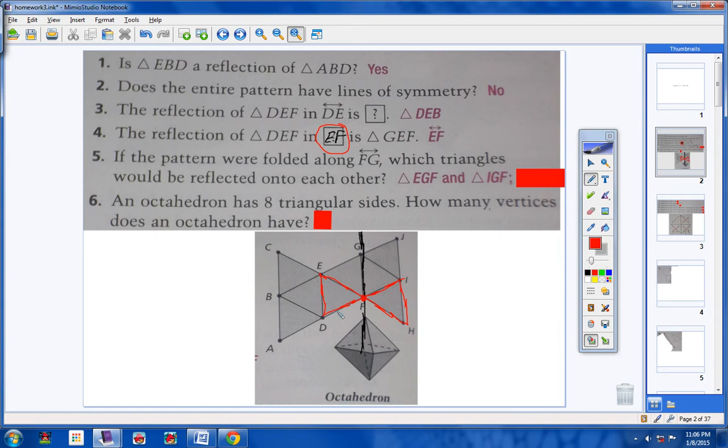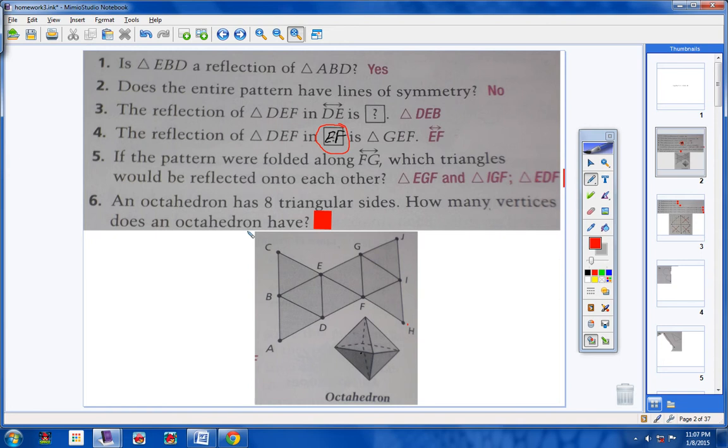So also we have triangle EFD and triangle IFH that would fall on top of each other. I don't have all of that up here, but that's the other answer: triangle EDF and triangle IFH. Okay.